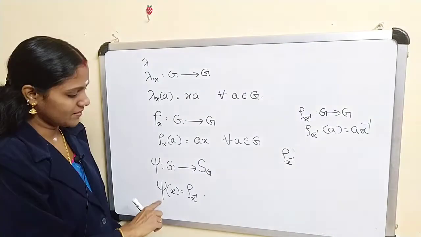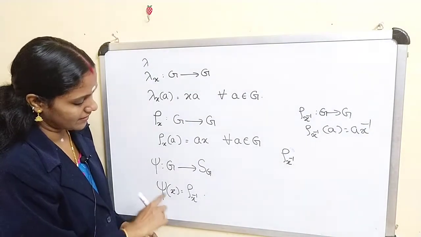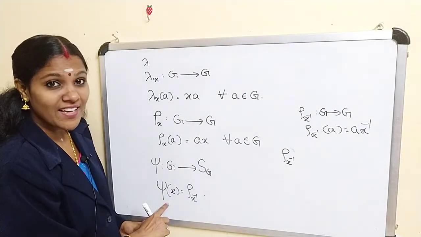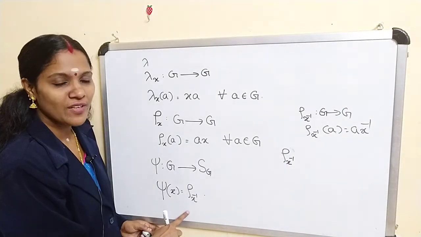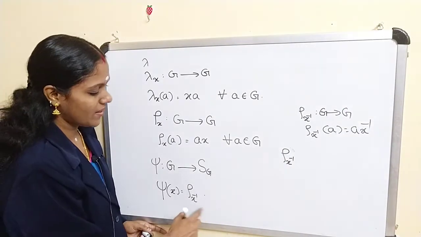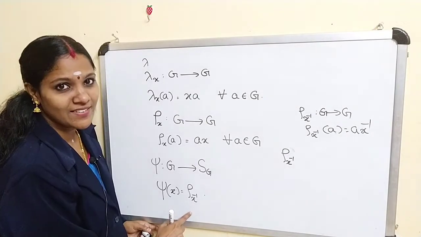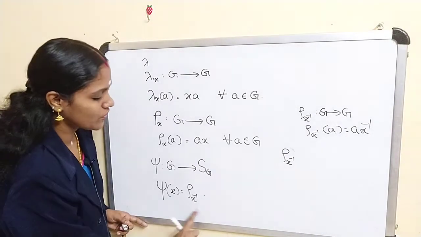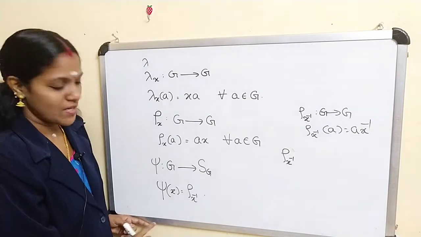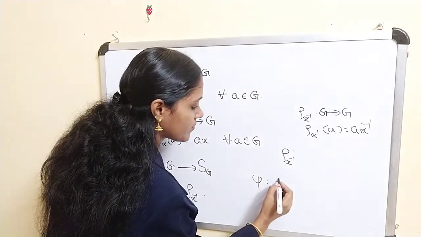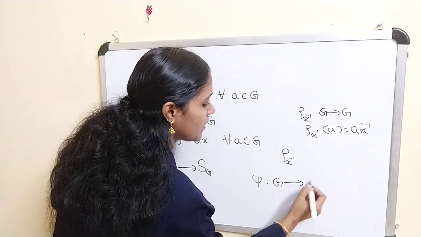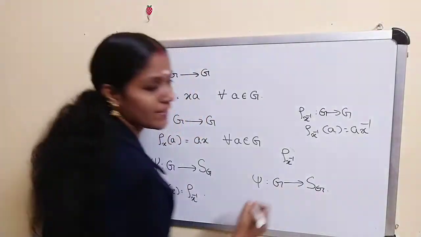Then as in Cayley's theorem, where we proved phi is an isomorphism, similarly here we can prove psi is also an isomorphism. This I leave to you as an exercise. So psi is also an isomorphism from G to S_G.